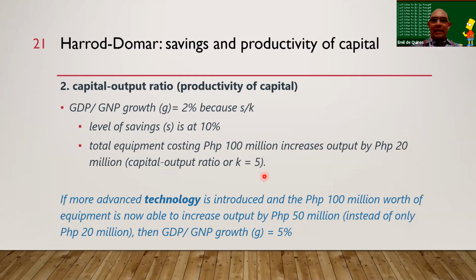What if that additional high-tech capital, same cost, 100 million, was able to, instead of 20, increase output by 50 million pesos? More bang for the buck. Then your capital output ratio is smaller, which means you need less machinery to increase output by a certain amount.